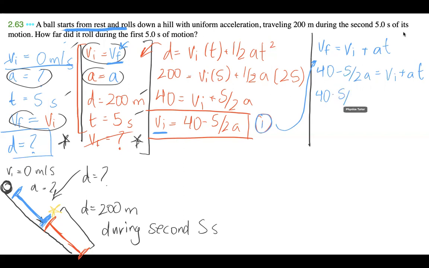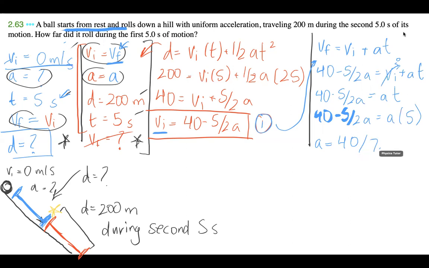So this will be 0 is equal to AT, and T we know is 5 seconds because we're looking for the first 5 seconds of motion. So we have 40 minus 5 over 2 A is equal to A times 5. Now all we have to do is isolate for A. When I did that, I got 40 over 7.5. So our uniform acceleration is 5.33 meters per second squared.